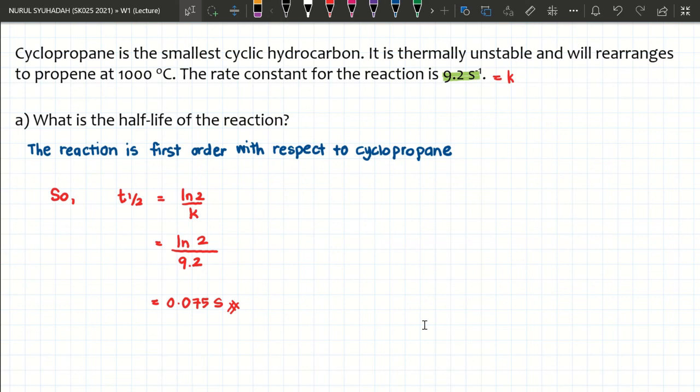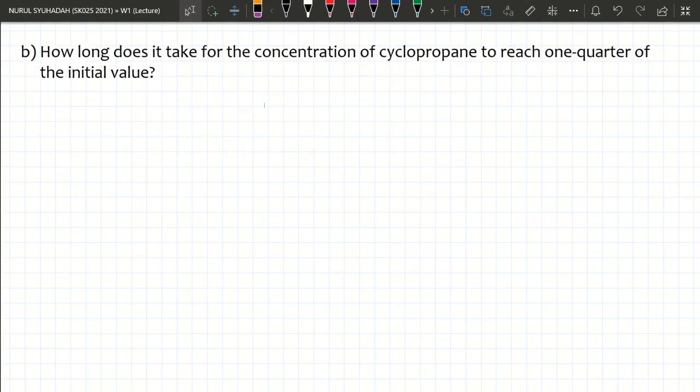So now let's proceed with part B. Question B: how long does it take for the concentration of cyclopropane to reach 1/4 of the initial value? So we want 1/4 of the initial concentration. How are we going to do this? Let's start with the initial concentration of cyclopropane, C3H6.